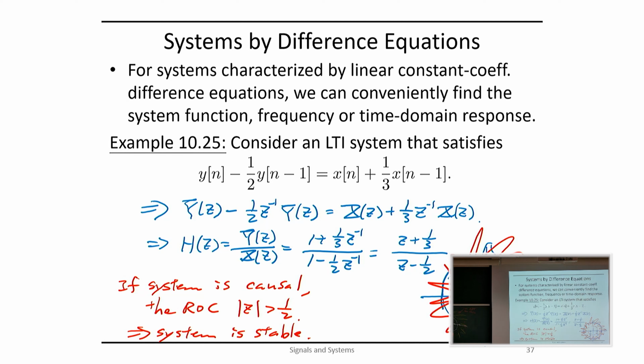All right. So that's all I want to talk about for this chapter. But the main point here is that you can do the same thing as the Laplace transform for continuous time signals. You can do the same treatment for discrete time signals using the Z transform.